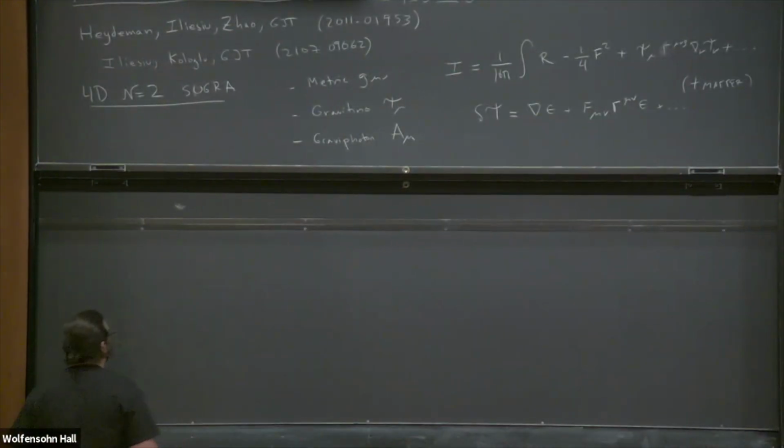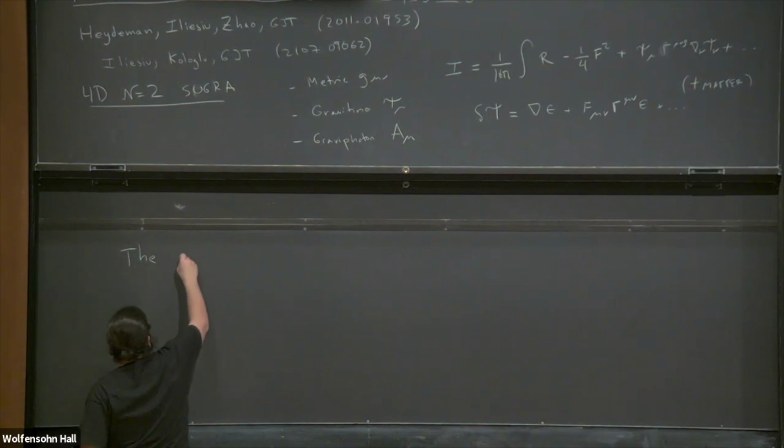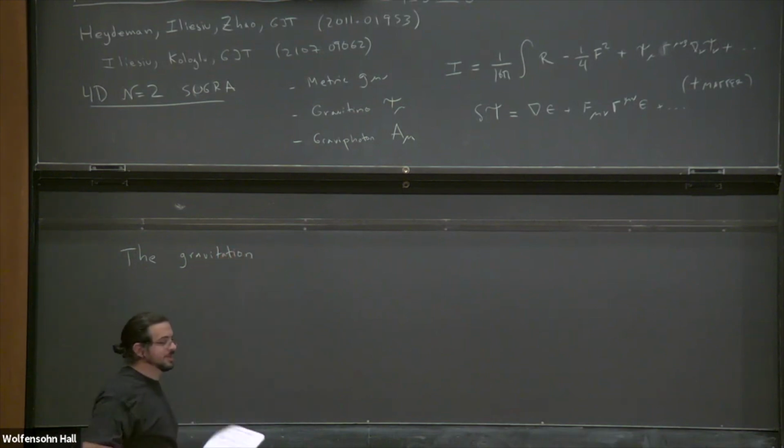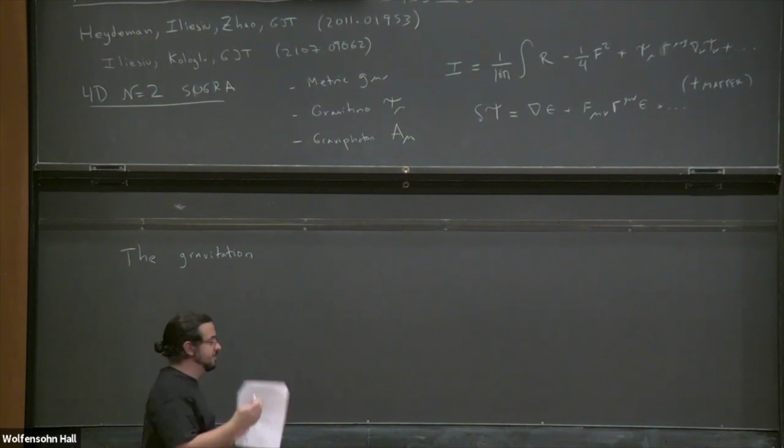Okay, so now I will move on to computing the index. We'll play with how to compute the index using supergravity. I will call it the gravitational index, just because, as I said, we are not going to commit to any UV complete model.